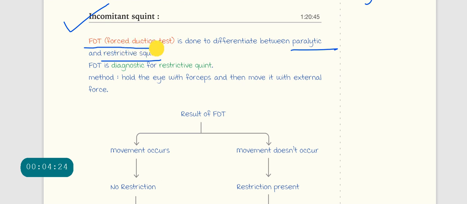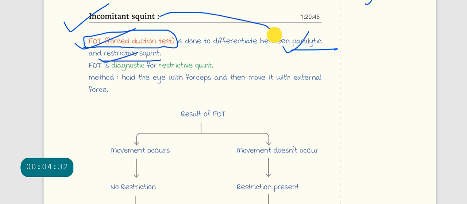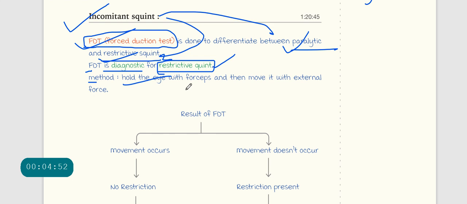This is a diagnostic test for restrictive squint. The method: you hold the eye with forceps and move it by an external force.